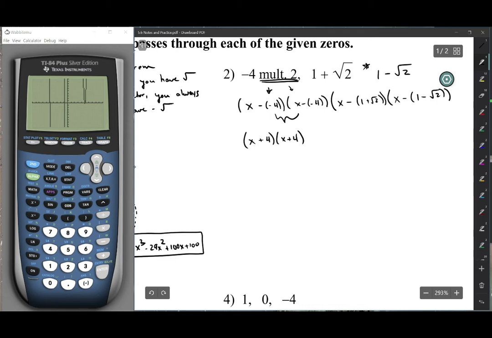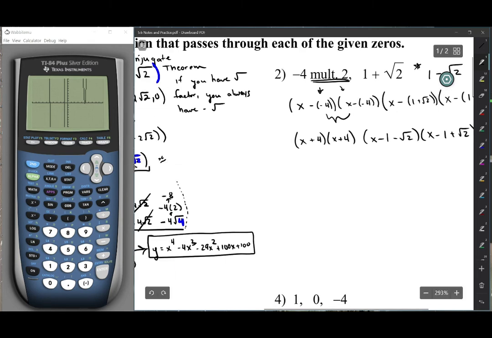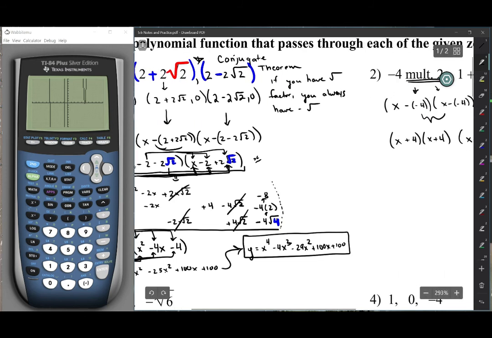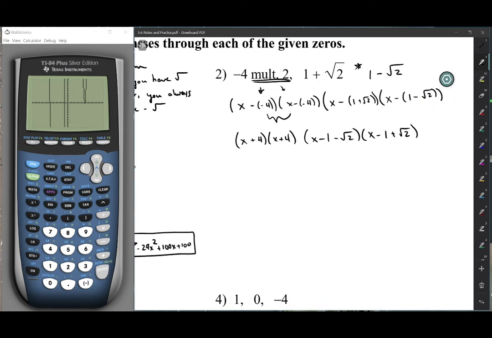And over here, this is going to be x minus 1 minus root of 2 and x minus 1 plus root of 2. From here, it's all going to be the same. So we really are at the same point, which means we need to multiply. Let's tackle this nasty stuff first, okay?